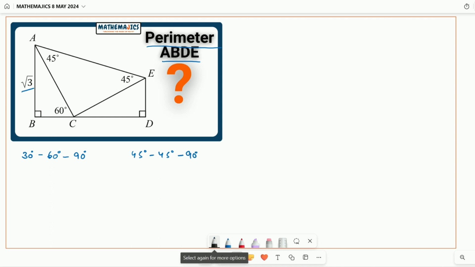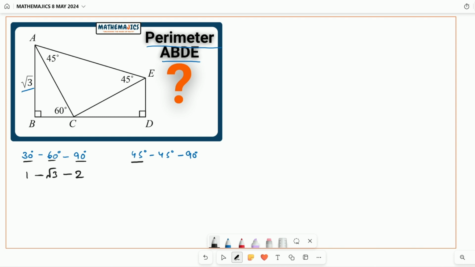Whenever we have the ratio 30, 60, and 90, please listen carefully. The ratio of sides opposite to the 30-degree angle, the 60-degree angle, and the 90-degree angle will be 1, root 3, and 2. And it makes sense, because the side opposite to the smallest angle is smallest, and the side opposite to the largest angle is largest. In that order, we have placed them.